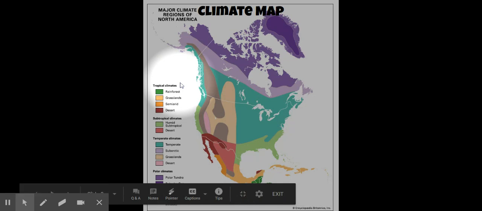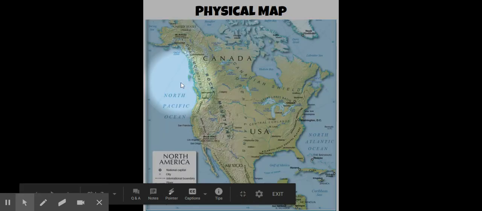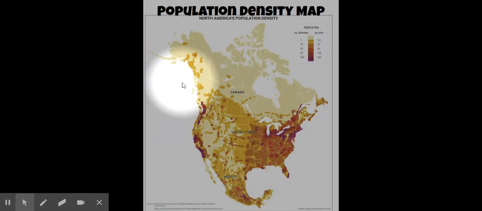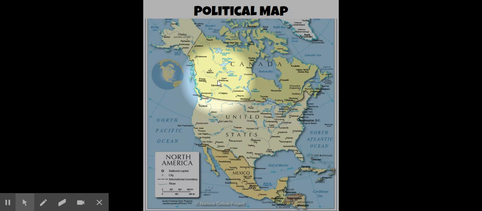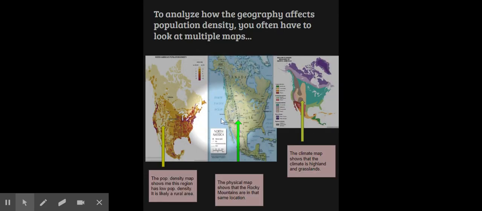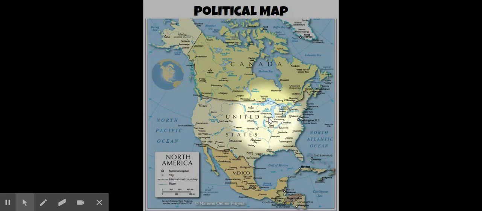So, in summary, as you look at each of these maps, think about how each theme is interrelated and affects other features. For example, the geography of the maps is going to affect where people live. That includes the climate, and it will also influence the population density and where cities are going to grow.